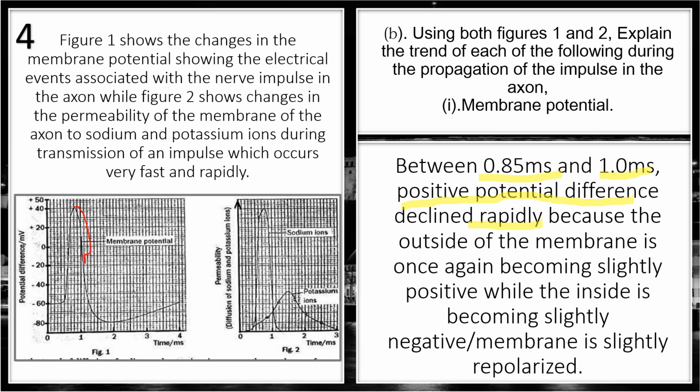There was a rapid decline in the positive potential. This is because the outside of the membrane is once again becoming slightly positive, while the inside is becoming slightly negative. Now we say the membrane is slightly repolarized.